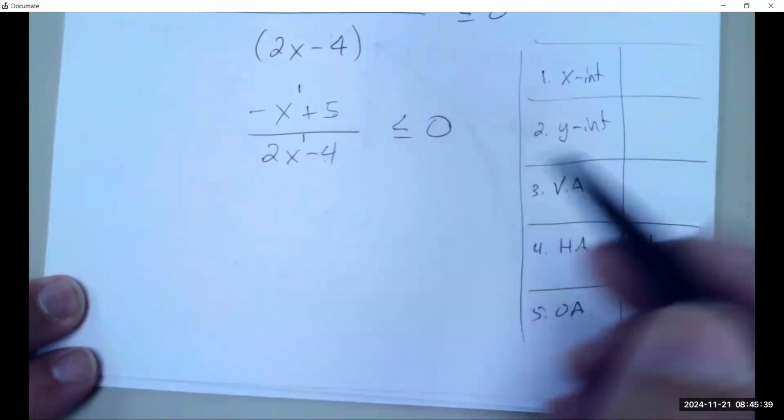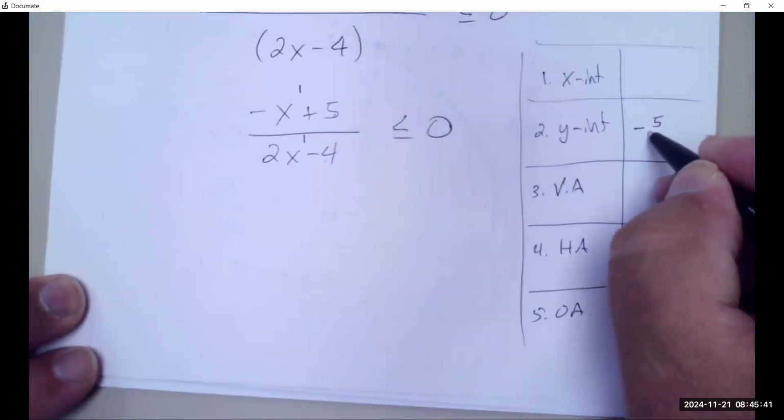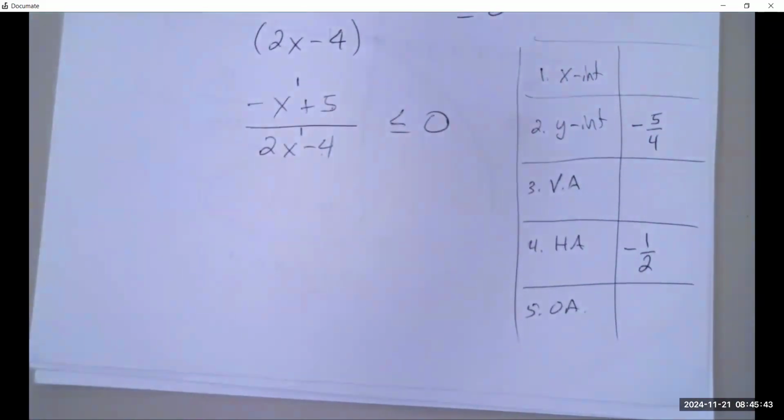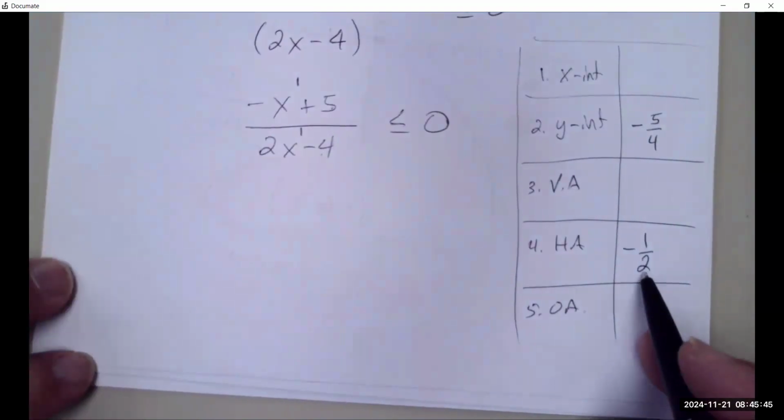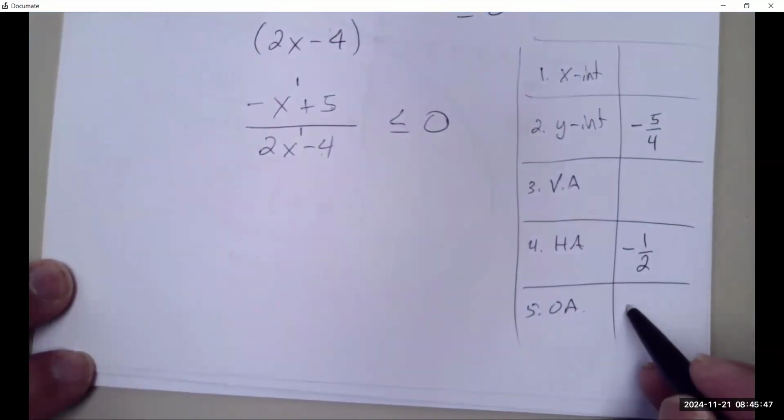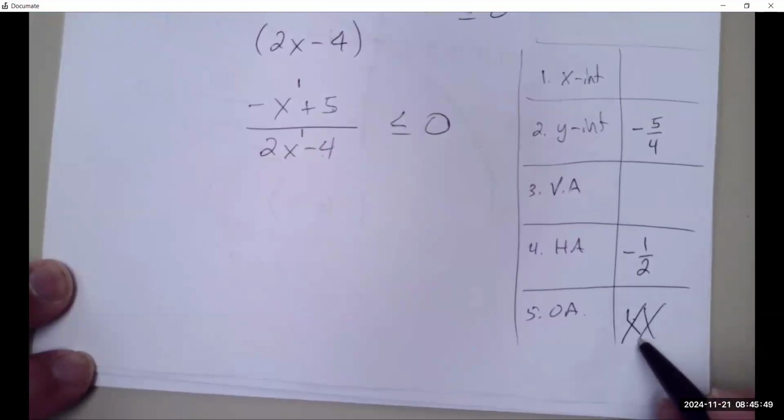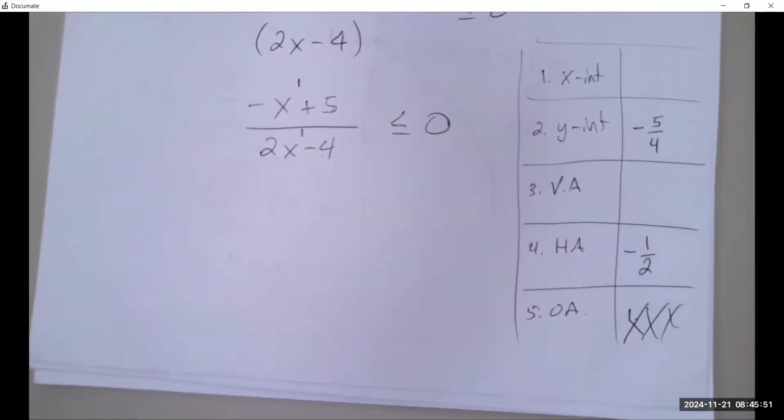So it's 5 over -4, which is -5/4. Since we have a horizontal asymptote, we cannot have an oblique asymptote. 60% of the stuff is already taken care of for you.